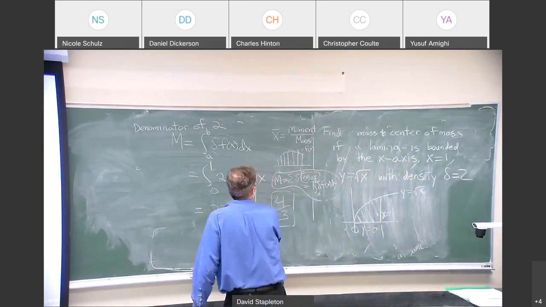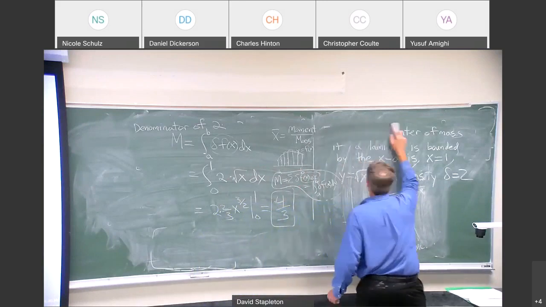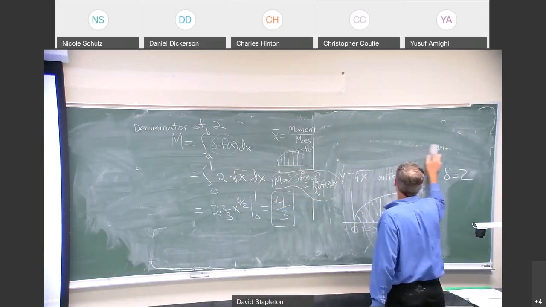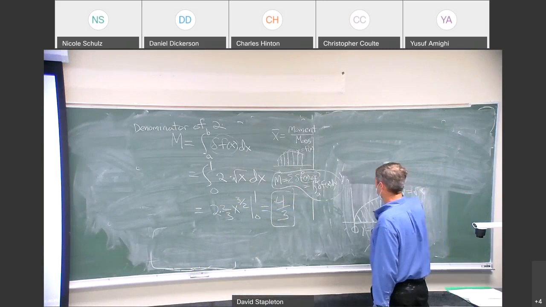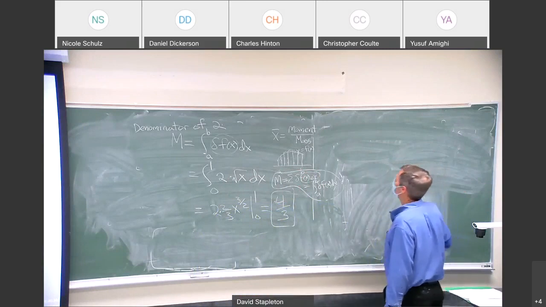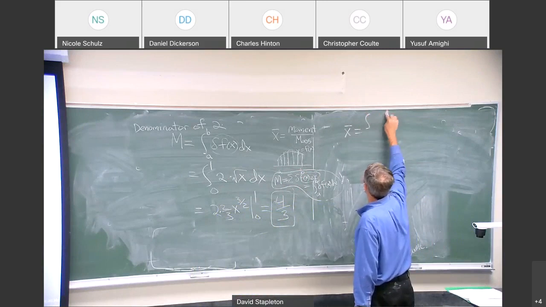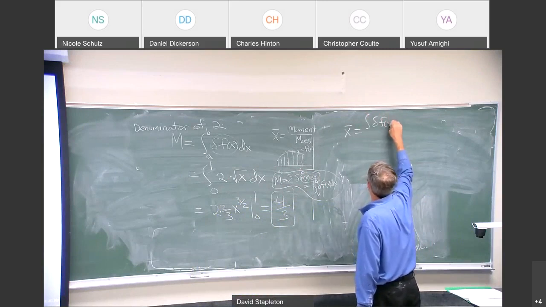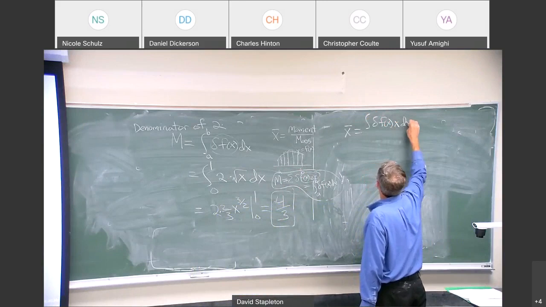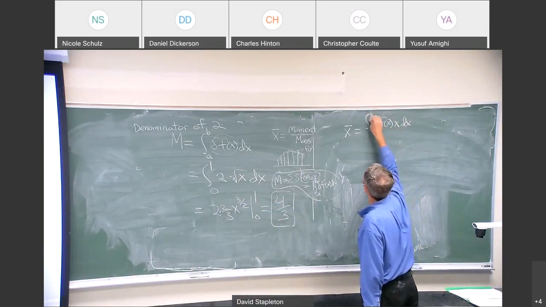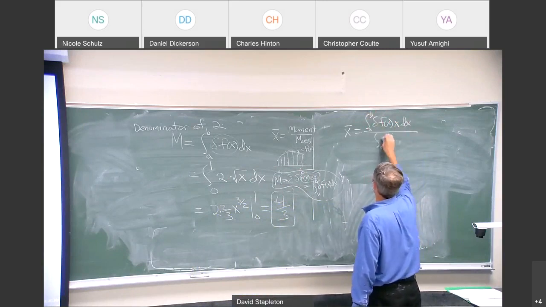Now we need x bar, the center of mass. That would be the moment of mass on the top, which is the same integral, just stick x in it. X bar is the integral of delta f of x dx from a to b over the integral from a to b of delta f of x dx.